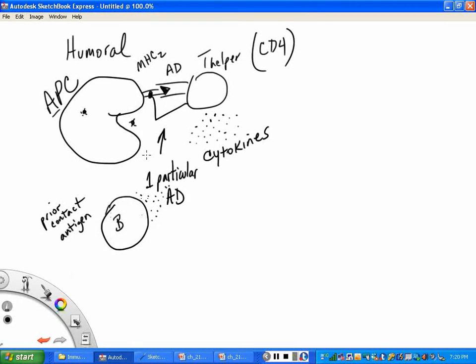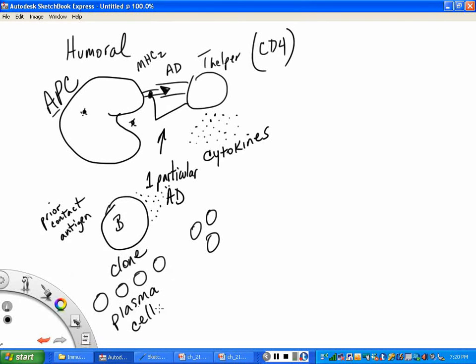The B cell is now active. Here's new information. We haven't talked about this. The B cell will clone itself, a huge population of clones. So they rapidly divide. Notice how I'm kind of separating them out here. Most of these B cells will get a new name. And they will get the name plasma cells.